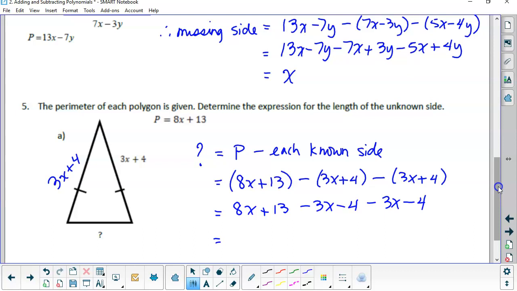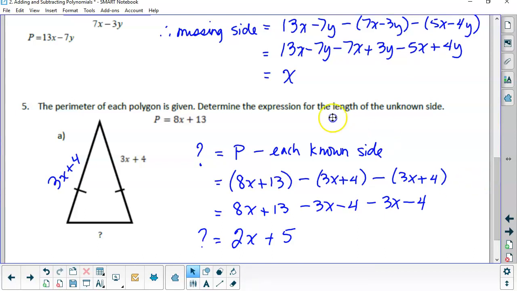Okay, so 8x minus 3x minus 3x is 2x. 13 minus 4 minus 4 is 5. Okay. So that's your missing side. So that's adding and subtracting polynomials.